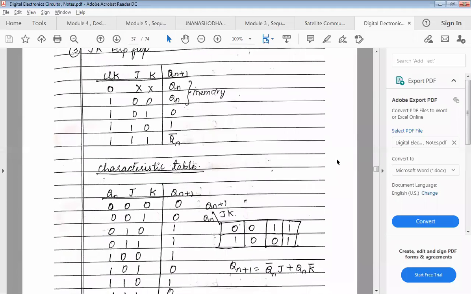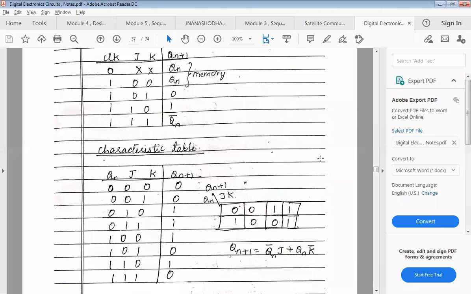Next, coming to your JK flip-flop. In the JK flip-flop, you have J and K. So 0, 0, 0, 1, 1, 0, 1, 1. Your output will follow J. So when 0, 0, the same thing, memory state. The only difference between SR and JK is that during 1, 1, it was an invalid state in SR. But here during 1, 1, it's going to be Q bar, which means whatever is in the memory will be toggled.